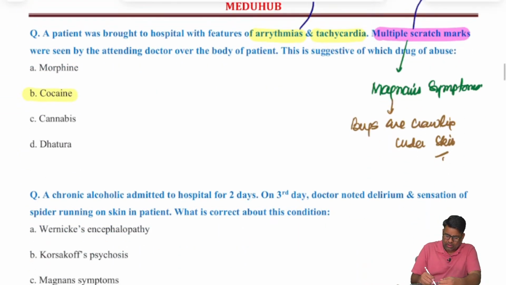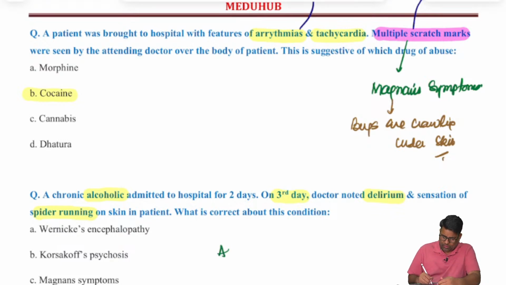Next question. Again, if you see a case of alcoholism and you find there is alcohol withdrawal and after 48 to 72 hours with delirium and tactile hallucination, I think there should be no confusion whatsoever in labeling this case as a case of delirium tremens, right?